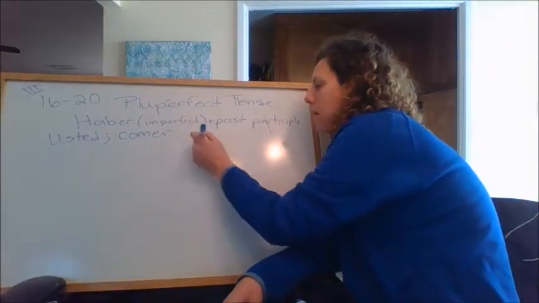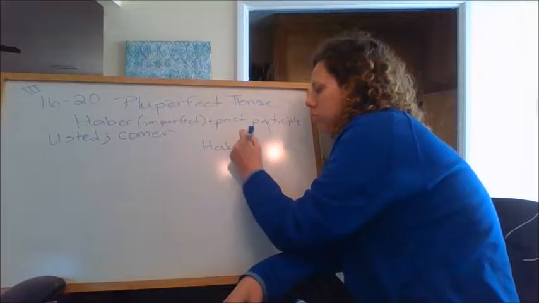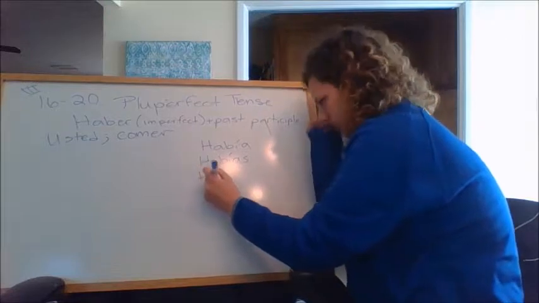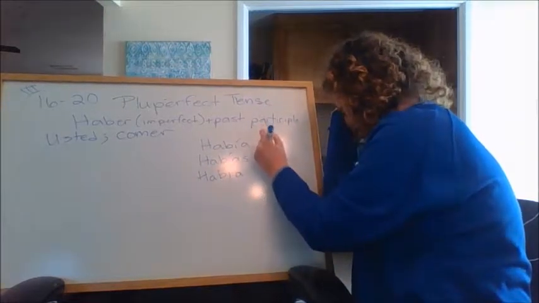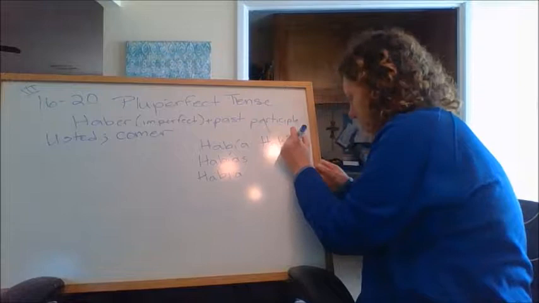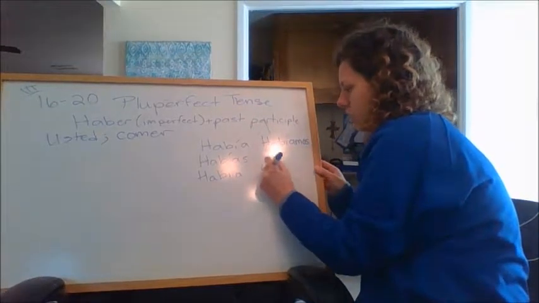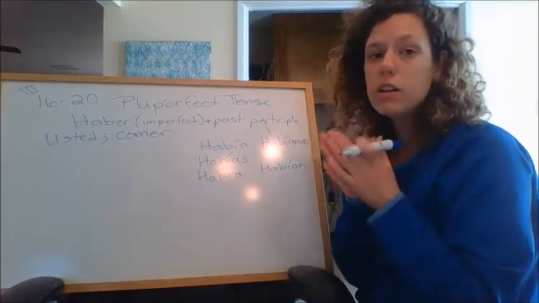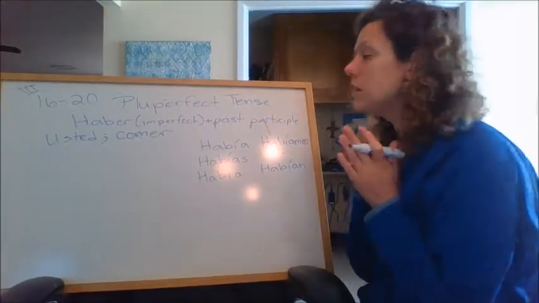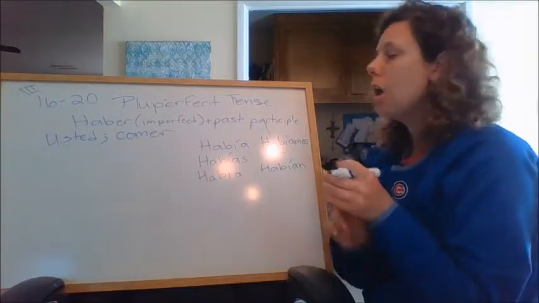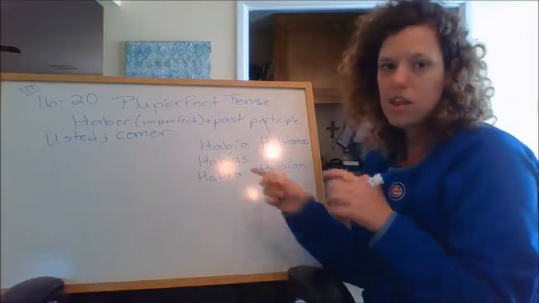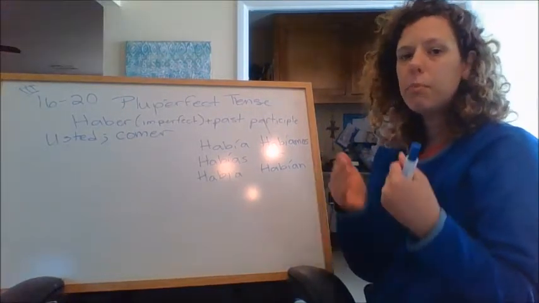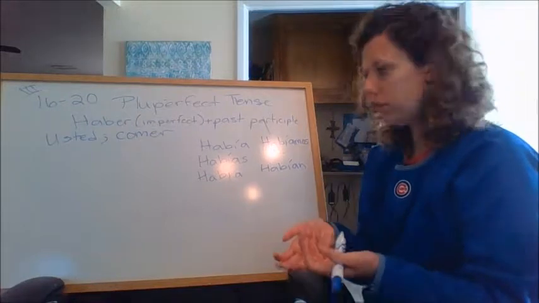In this case, haber is going to be había, habías, había, habíamos, and habían. Okay? So it's very similar. The only really big difference is, of course, what they mean, but then how you conjugate haber. In the present perfect, you conjugate it in the present tense. In the pluperfect, you conjugate it in the imperfect.